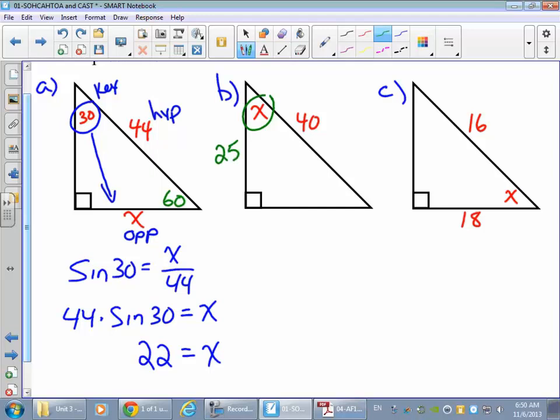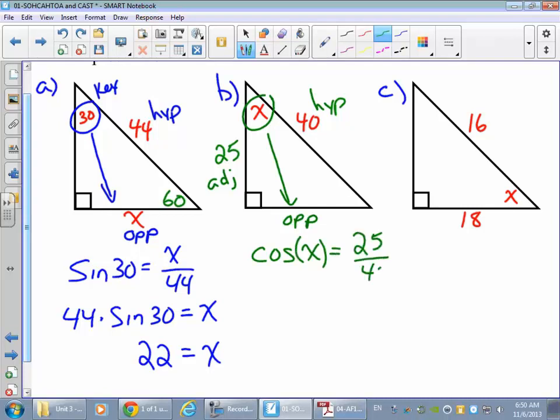So assuming this were my question, now the opposite is the side way over here. The adjacent is the side that I have here, and the hypotenuse doesn't change. So now I'm going to be dealing with cosine to have access to the adjacent and the hypotenuse. Cosine of x is going to be the adjacent 25 over the hypotenuse 40.